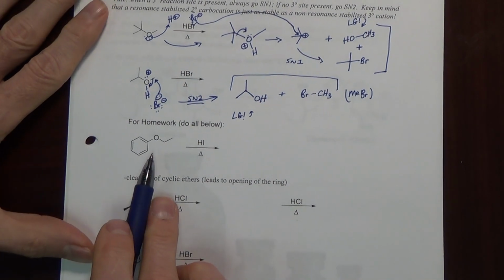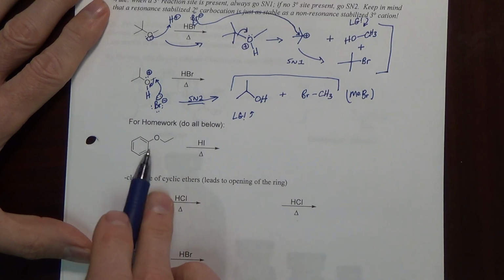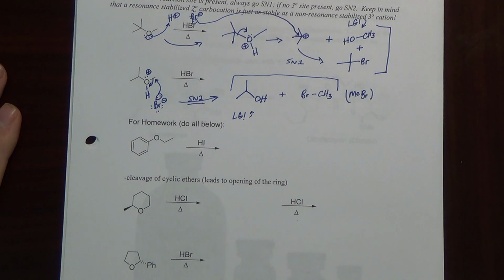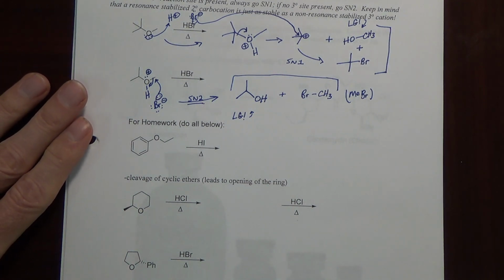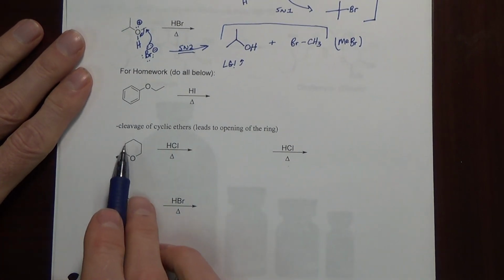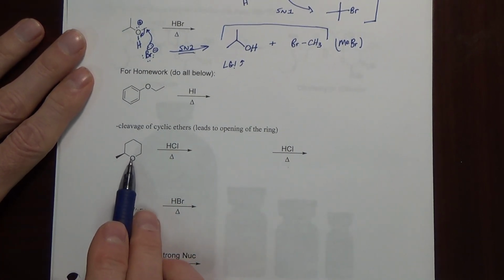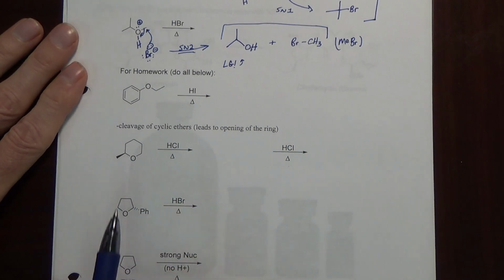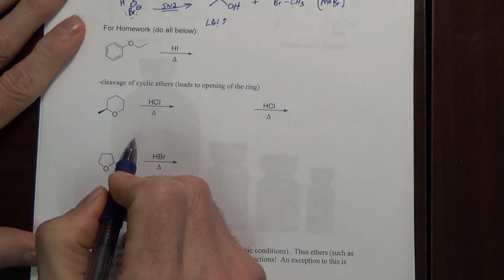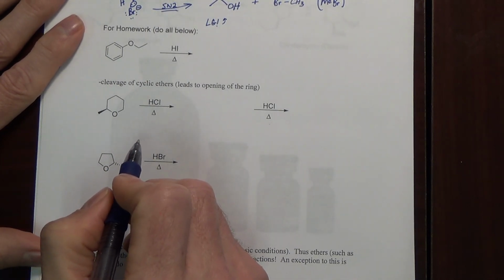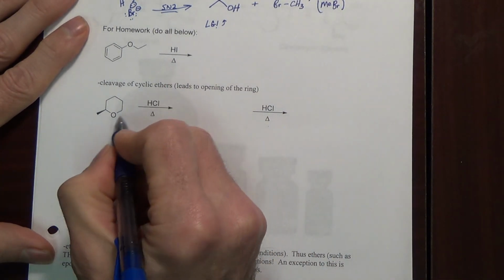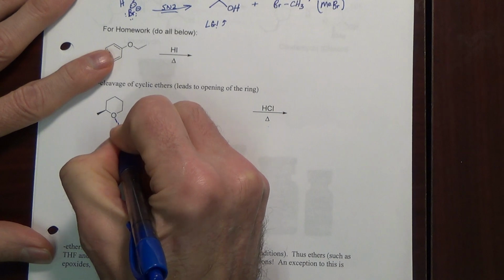For homework, do this reaction of ether with HX. Okay. What if we had a cyclic ether? The oxygen is part of a ring. Well, it's the very same chemistry, very same mechanisms. An ether with strong acid, we can protonate the ether.